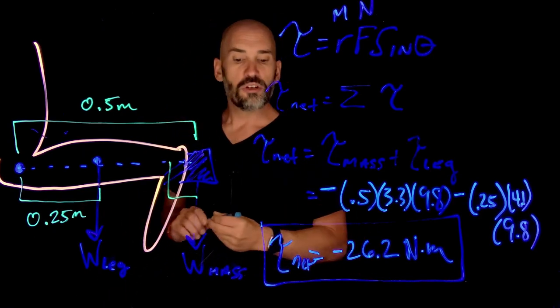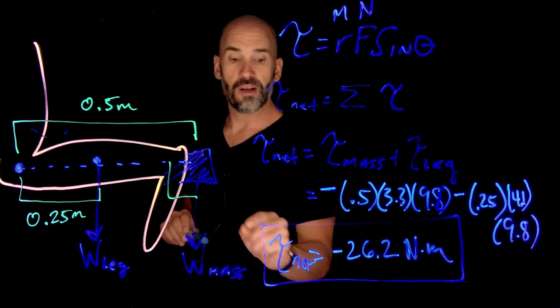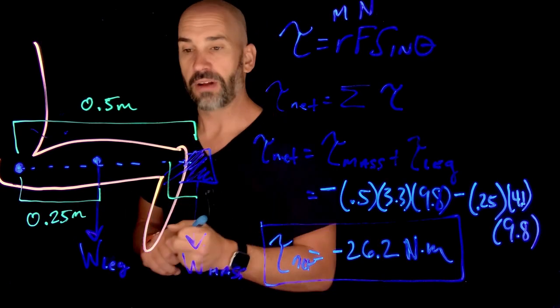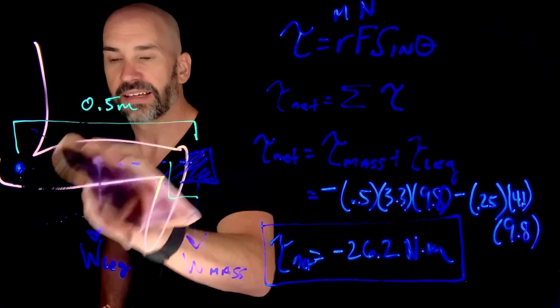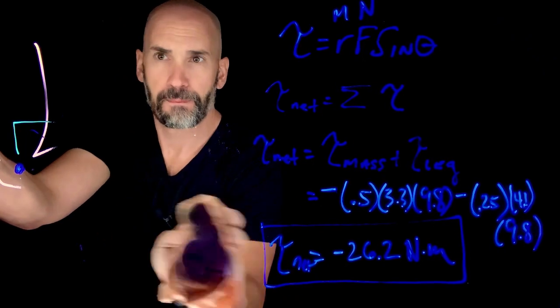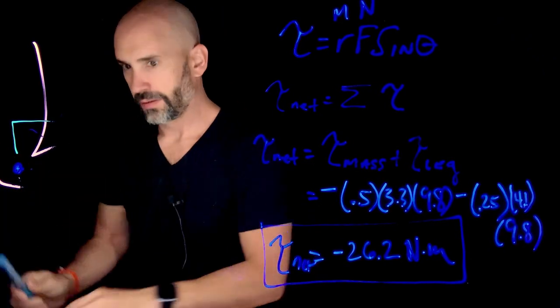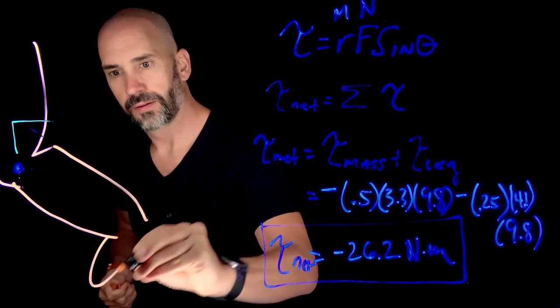And what would be the new torque after the patient rotated their lower leg 45 degrees down? So now instead, the leg is like this. Right?